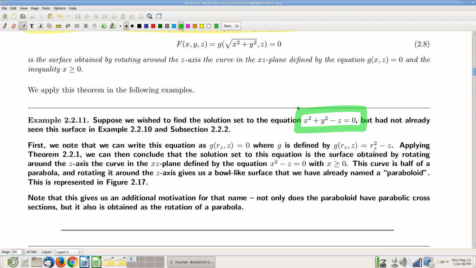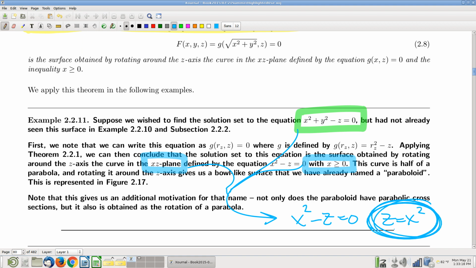I'm therefore going to understand what this looks like by just looking at the xz plane, specifically the part of the xz plane with x greater than or equal to 0, like we talked about, which turns this equation into, well, the xz plane, y is equal to 0, x is positive, which ends up not mattering in this case, but you get x squared minus z equals 0, otherwise known as z equals x squared. Really easy parabola to draw a picture of.